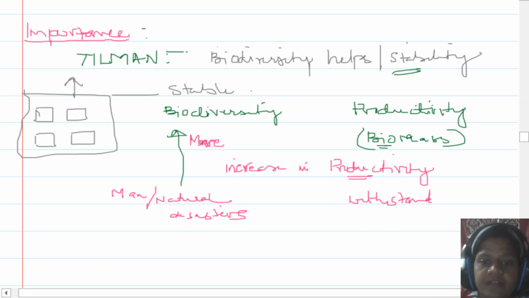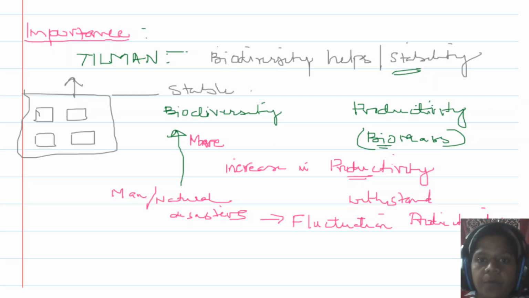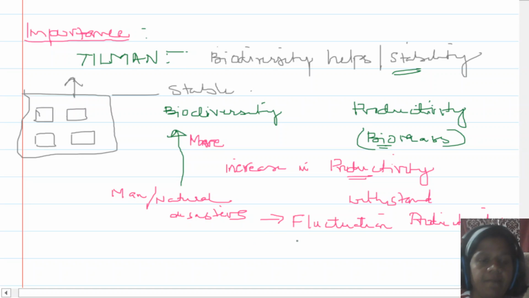What are the effects of it, right? It'll not only be stable, the productivity will increase, and there won't be any fluctuations in the productivity. That means it will give you more or less the same product or the same biomass or the same result, irrespective of man made or natural disasters.